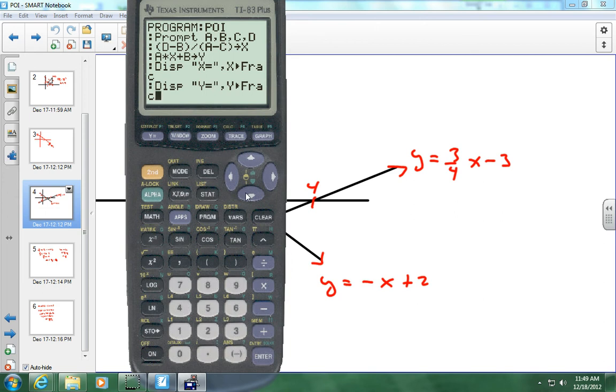Math. Go to the end of that line. Yeah, both lines. And then math. Enter. Do it to both lines. And so if it is a fraction, we'll give it to you. If it isn't a fraction, we'll give you this. All right, so run it like that, so you get nice exact numbers.